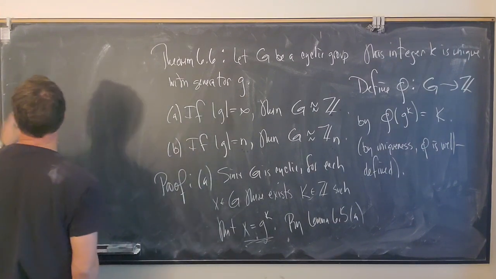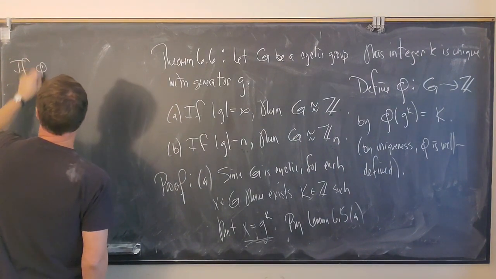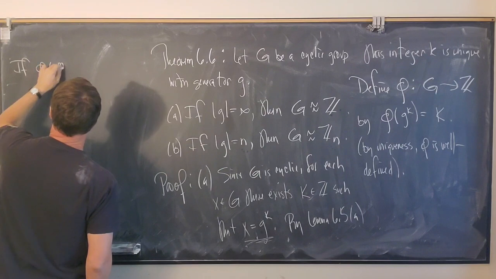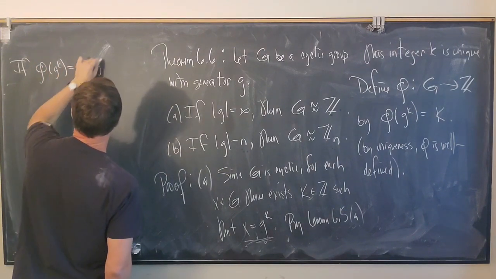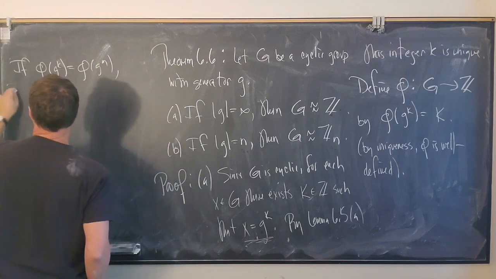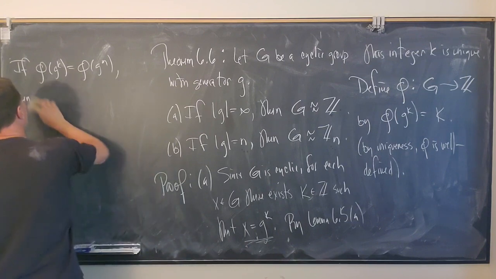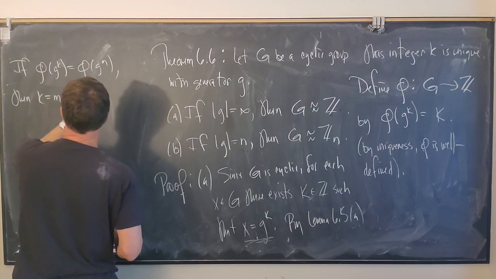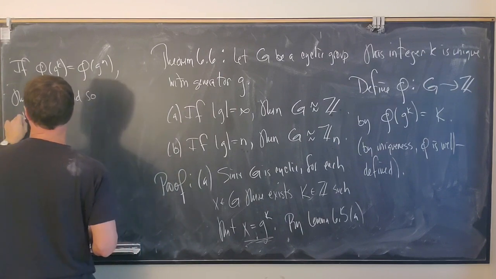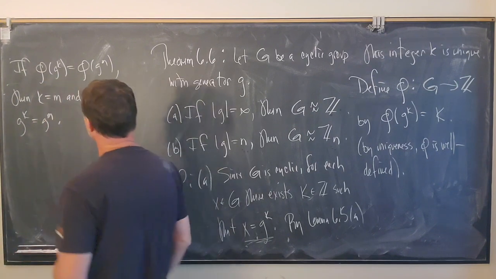If phi of g to the k is equal to phi of g to the m, then k is equal to m, and so g to the k is equal to g to the m. What does that tell us?